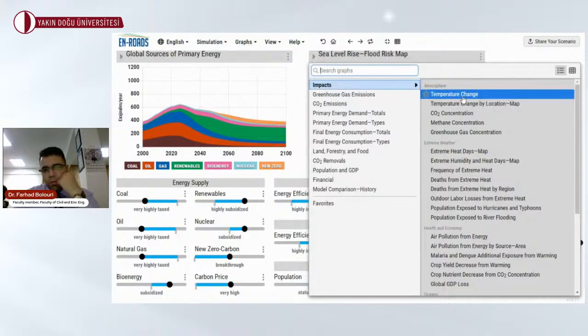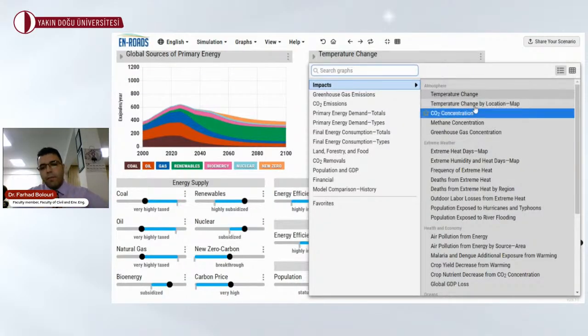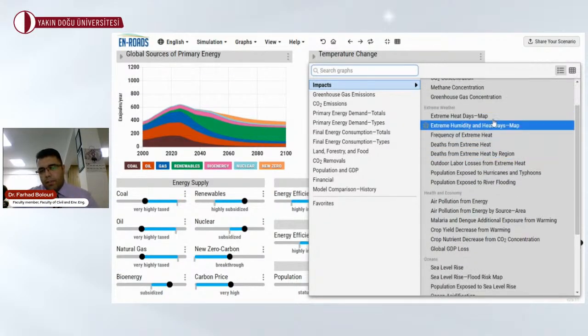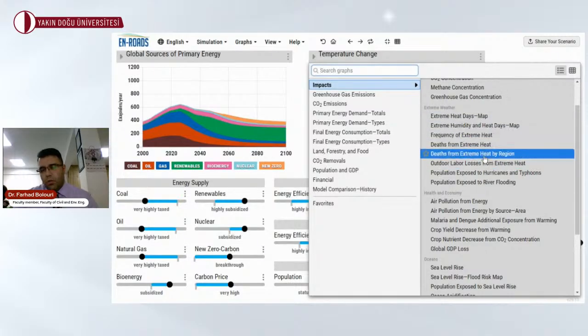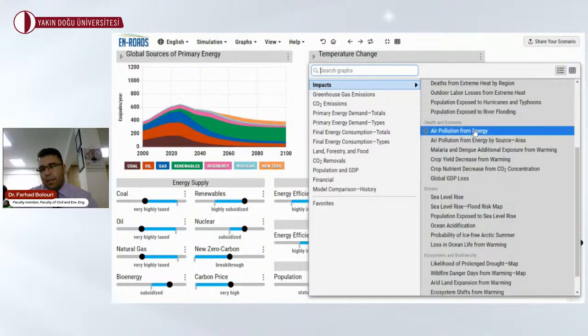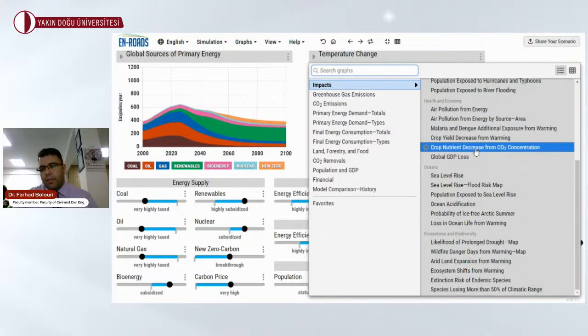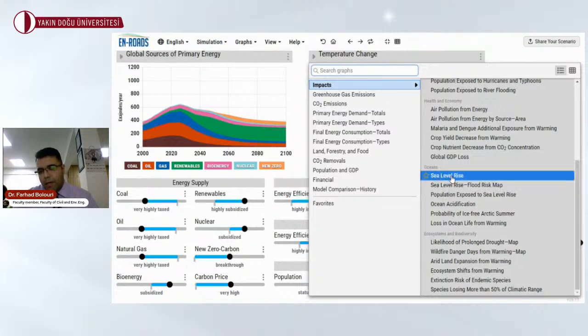Also, if you come to impacts, as I showed you, the first one that we have is the temperature that we expect and we will have. You have something about the extreme weathers, as I showed you, deaths and the other things. You have health and economy, air pollution, and the other things. Also, you have the oceans.